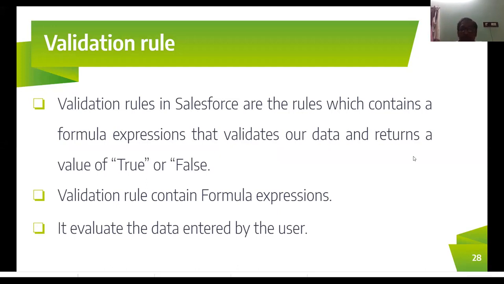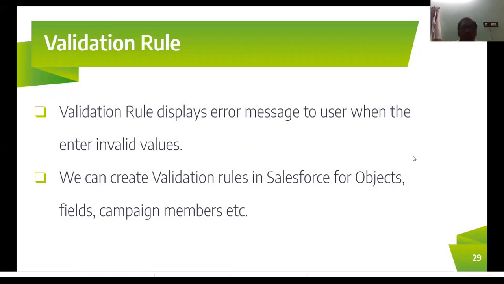So the validation rule contains a formula expression. It evaluates the data entered by the user. When the user tries to enter data, it validates whether the given data is correct or not. The validation rule displays an error message to the user when the user enters invalid data.